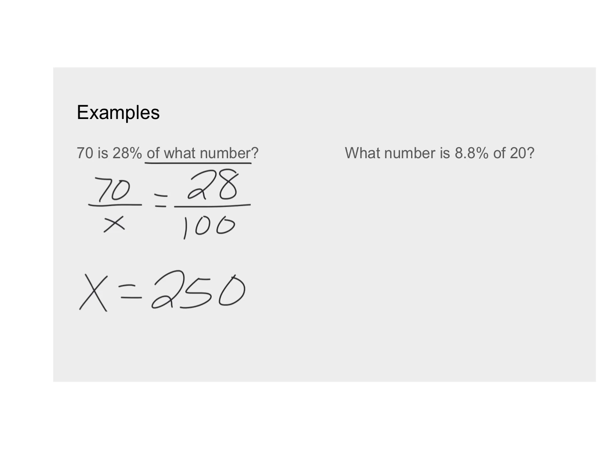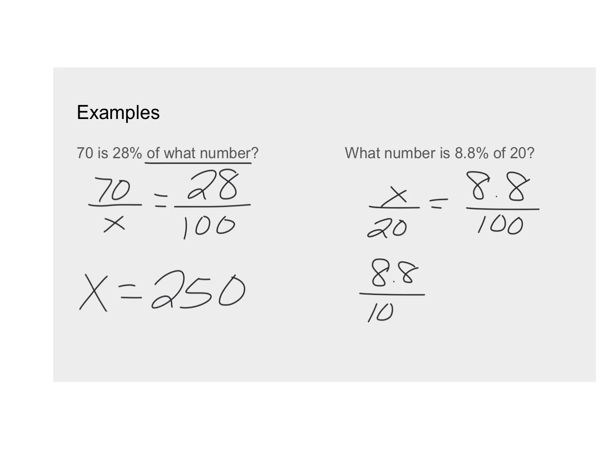What number is 8.8% of 20? What's a dead giveaway? 8.8 over 100. And then of this whole, so it would be the bottom. And then x over 20. Does everyone agree with this setup? Did anyone have anything different? Now, would it matter if I had it written this way? No. You said no before I had it written down. I'm just kidding.